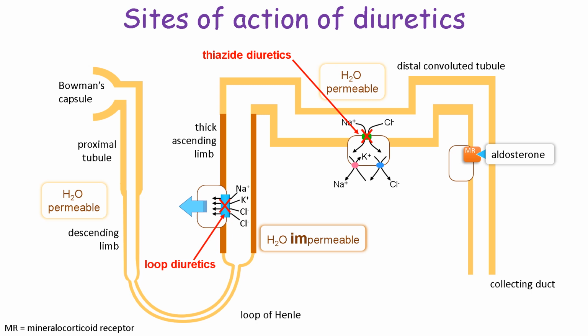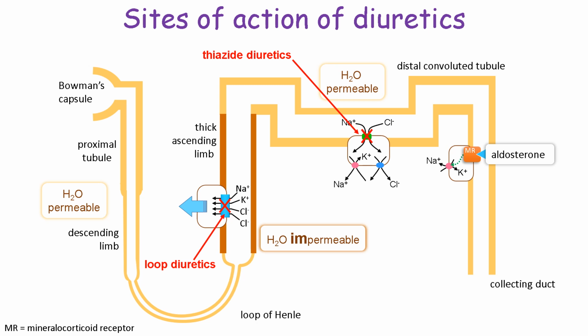By activating the receptor, aldosterone increases the expression of basolateral sodium-potassium pumps, thereby increasing pump activity. This increases the reabsorption of sodium ions and its accompanying water, while decreasing the reabsorption of potassium ions, which are lost in the urine.